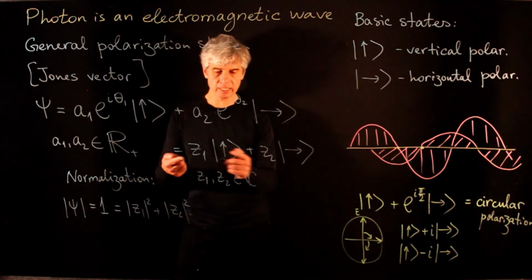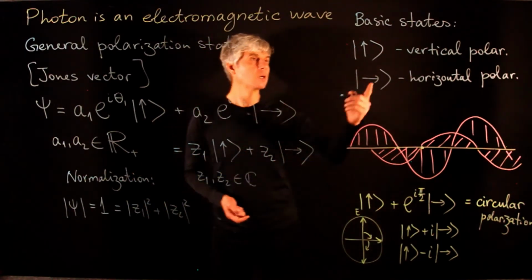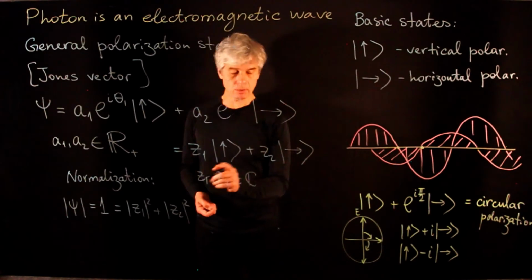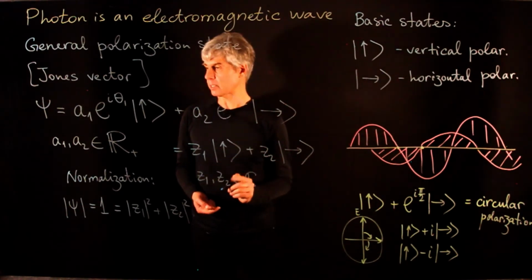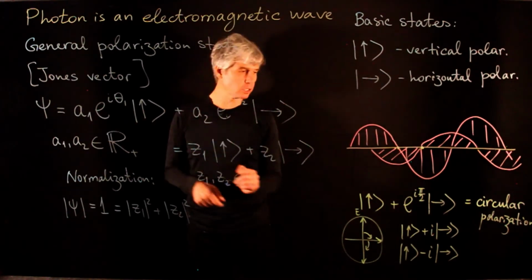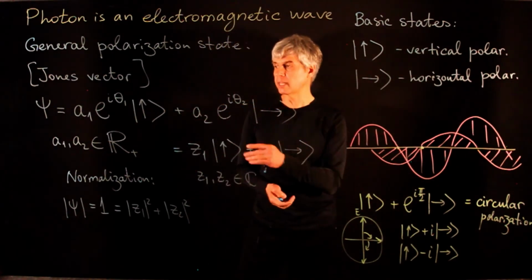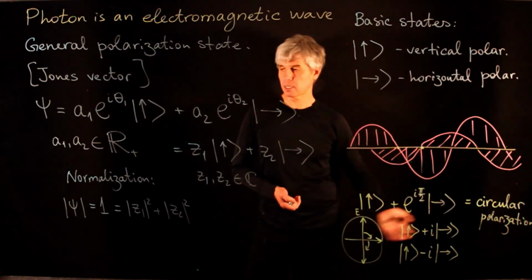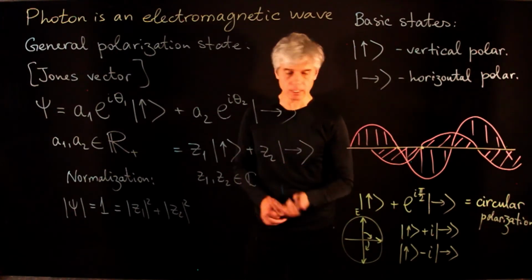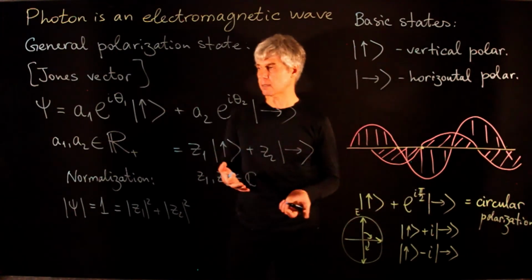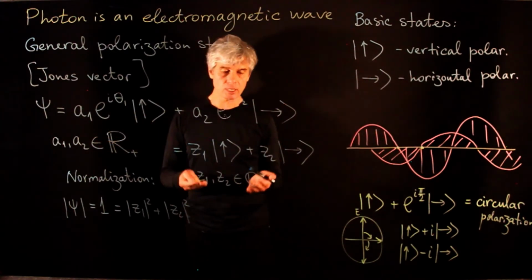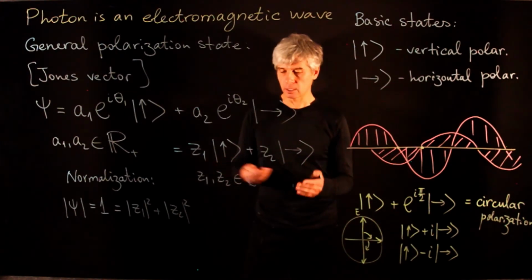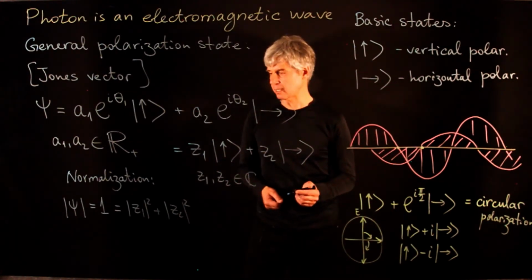Here physical states are linear combinations of the two basic states, and the coefficients of these linear combinations are not necessarily real, but complex. If we use real coefficients, this will correspond to linearly polarized states. But because we can also incorporate phase shifts, we can create states that are not linearly polarized. In general, we need to use complex numbers as the coefficients in front of these two basic states.